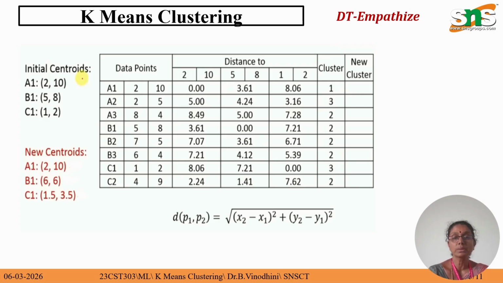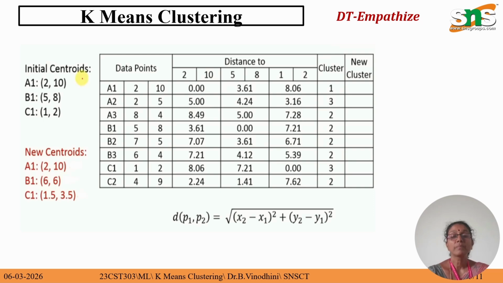The same process is repeated as in the one-dimensional case. The first column shows the data points A1, A2, A3, B1, B2, B3. So we have 8 data points of x, y coordinates. Next, we have to calculate the distance from A1 to all the data points, B1 to all the data points, and C1 to all the data points using the Euclidean distance formula.